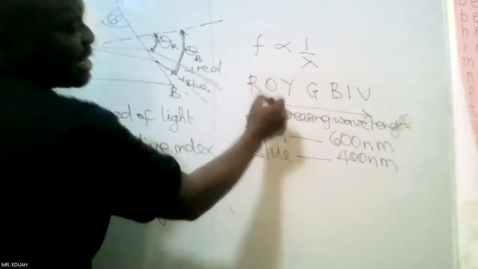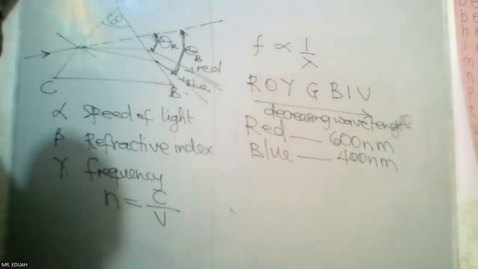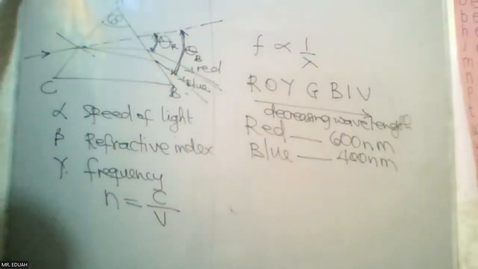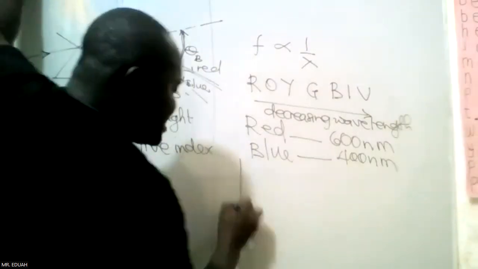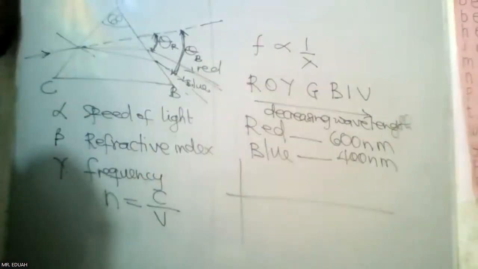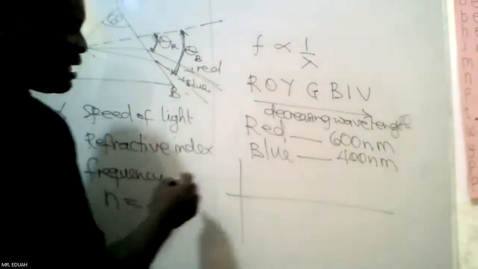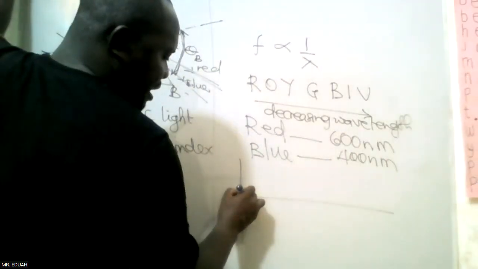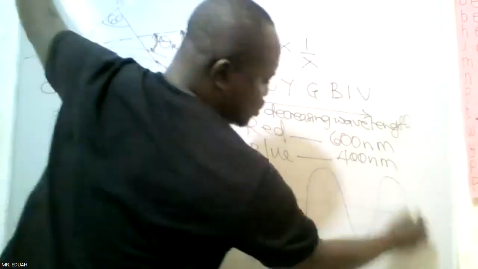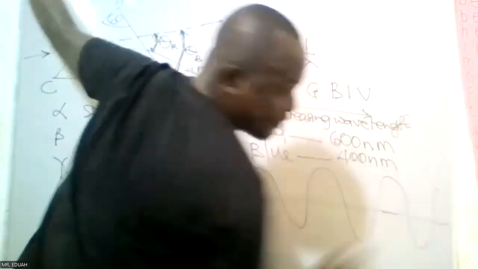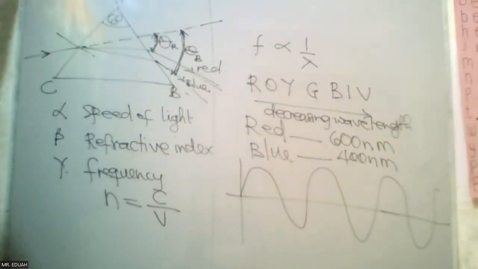So as the colors go, their wavelength decreases. Now, what is wavelength? A wave is represented as a sine function, okay? So we describe a wave to be sinusoidal. A wave is like this.